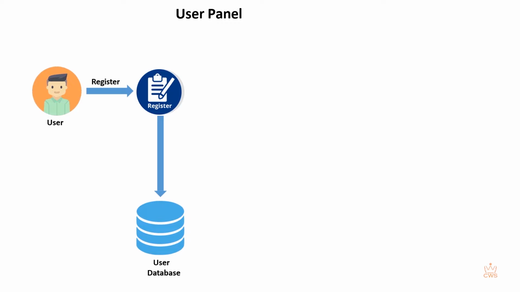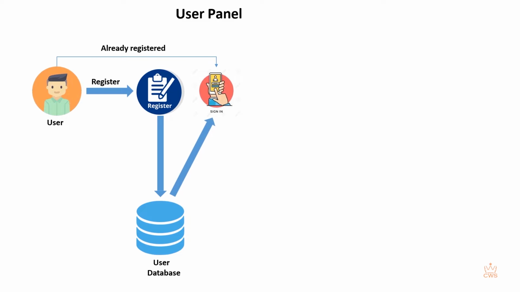So, if a user is already registered, he can directly go to the login page, where he will have to fill credentials like phone number and his password, so he can successfully log in to the app. Upon a successful login, he can be prompted to the product page, from where he can choose a variety of products. If he likes a product and wants to buy, he can also add the product to cart.